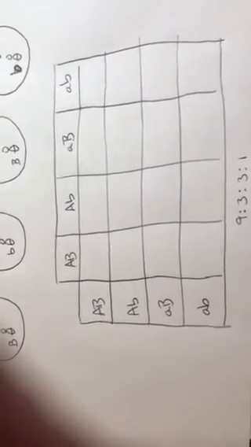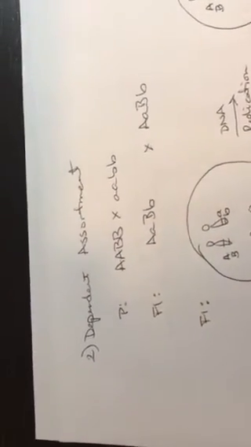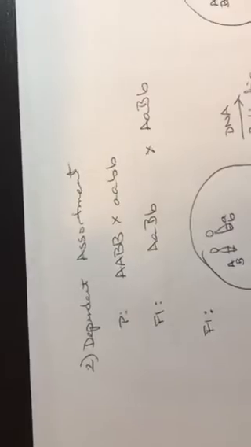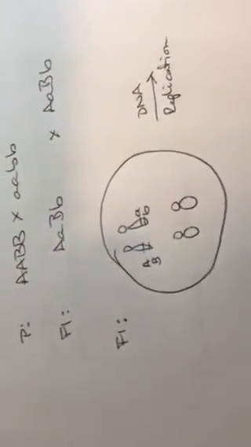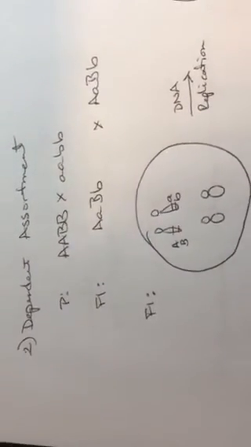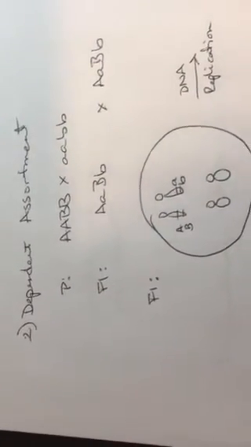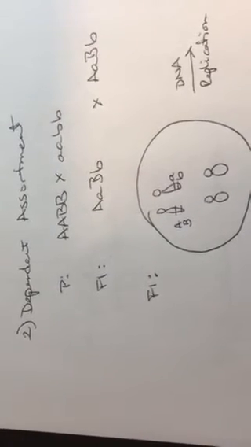All right, so let's contrast that with the dependent assortment right here. The same setup. We have the parental generation. We have the F1 hybrid. We're going to do a self-cross. But under dependent assortment, and I'm going to clarify here that what I mean by that is that these two genes are completely dependent on each other.